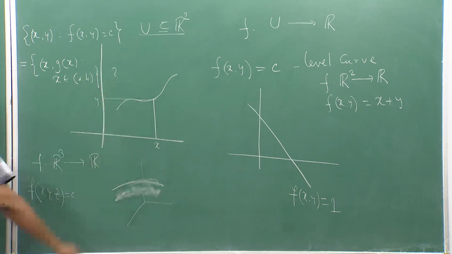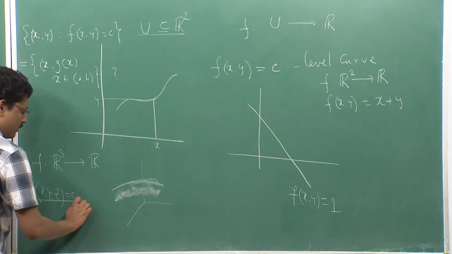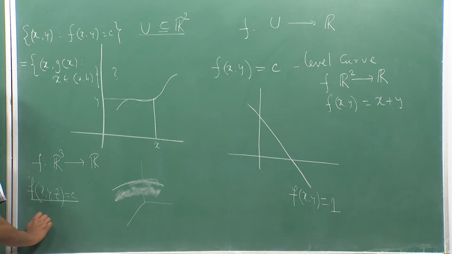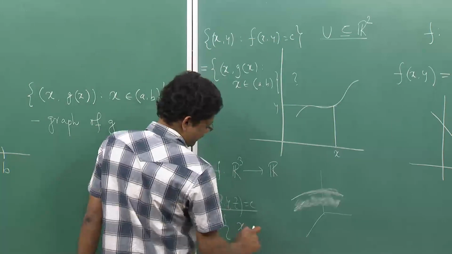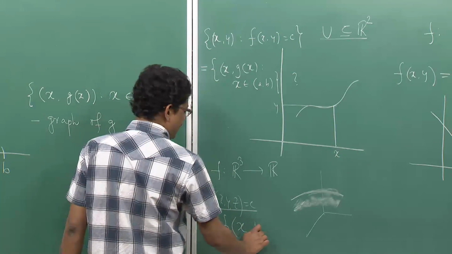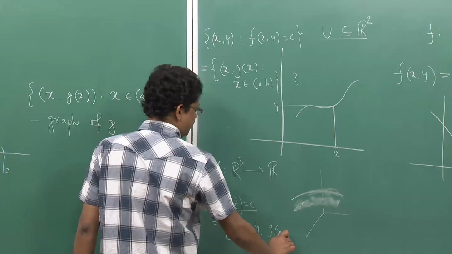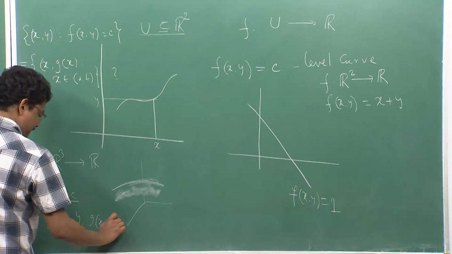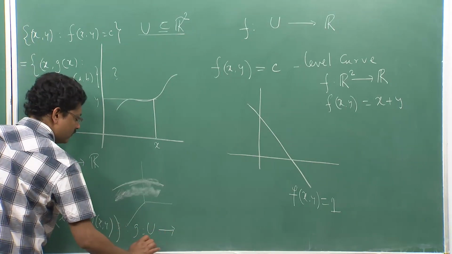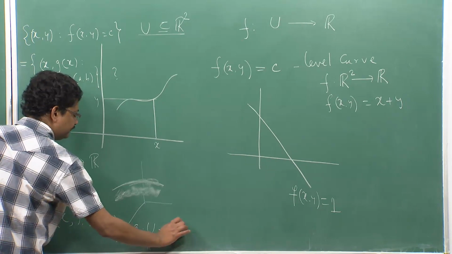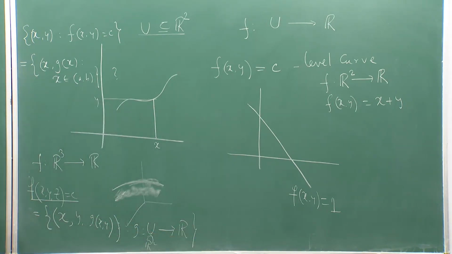Can I do this? Or here, f(x, y, z) = c, can I write it as some set of (x, y, g(x, y)) with g from some set in R2 to R? So, the question is: is the level curve a graph?